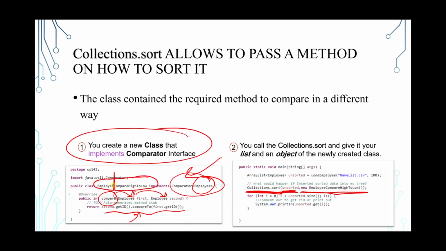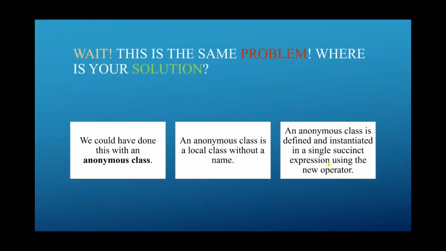that is newly created. So we found a solution, but this solution is a little bit exhausting because you have to create a class, you have to implement the correct interface, and eventually you have to create an object in here. So do we have something a little bit simpler than this? Yes, we can do that using anonymous classes.